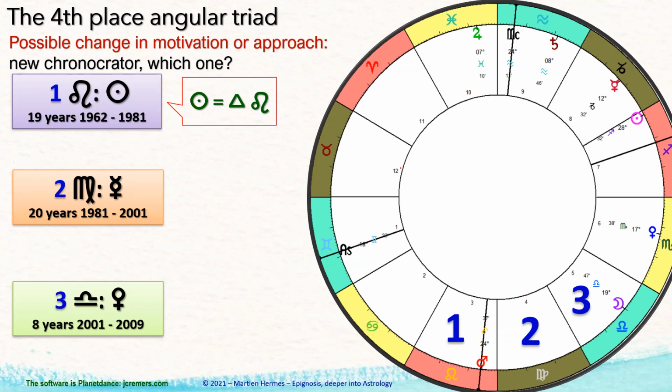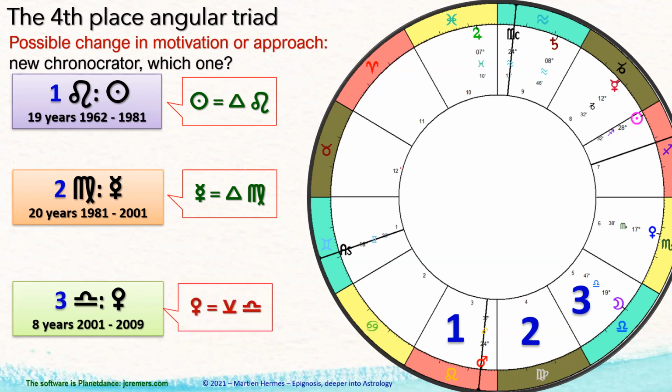This is very interesting. Okay. The second period is ruled by Mercury, and indeed Mercury is of course the ruler of Holly's first place, the ascendant, but it's also the ruler of Virgo, the second period in this scenario. So yeah, Mercury was the way to approach life in this period.